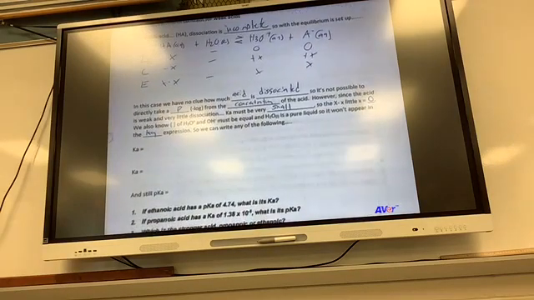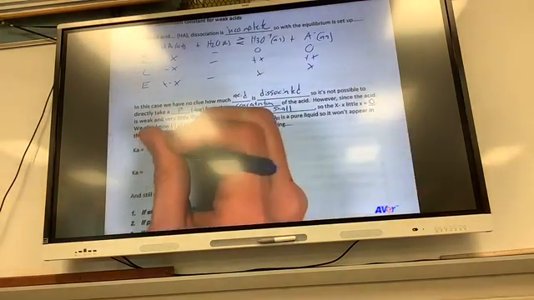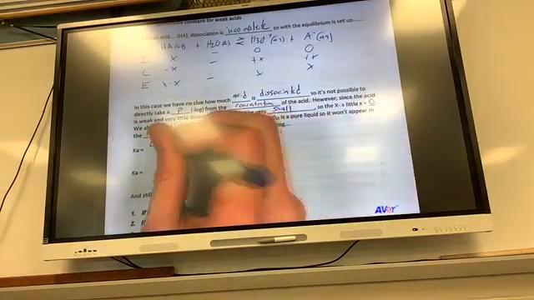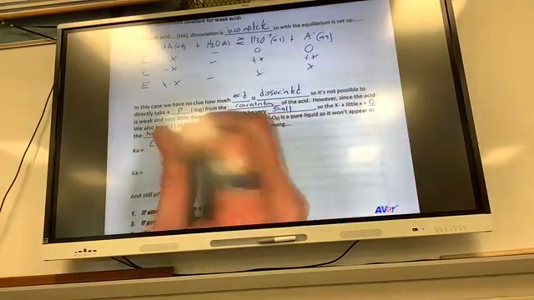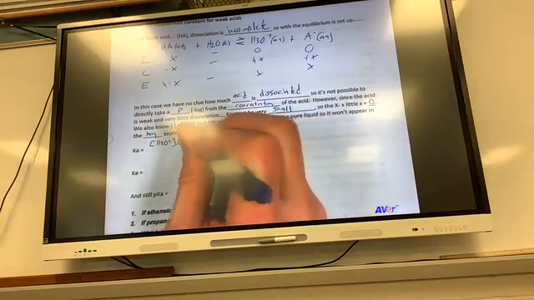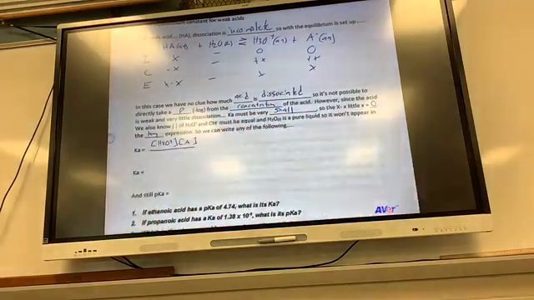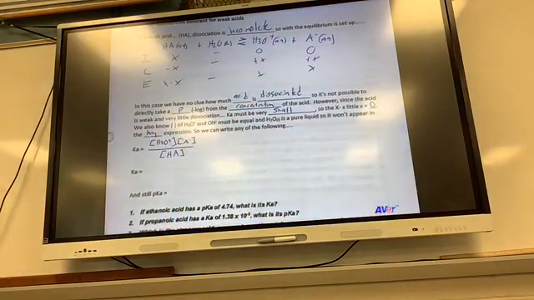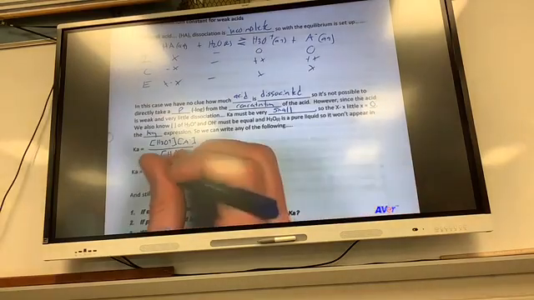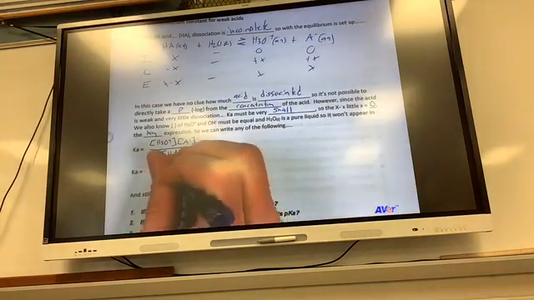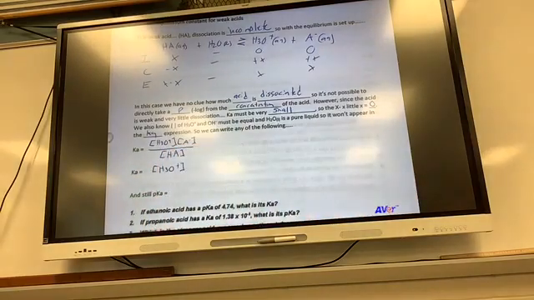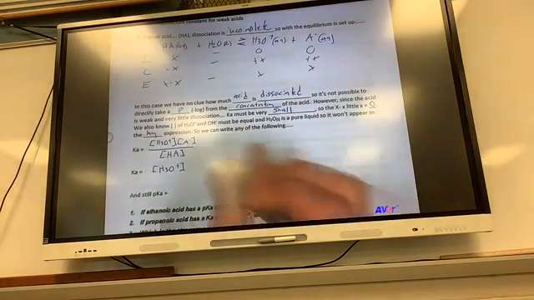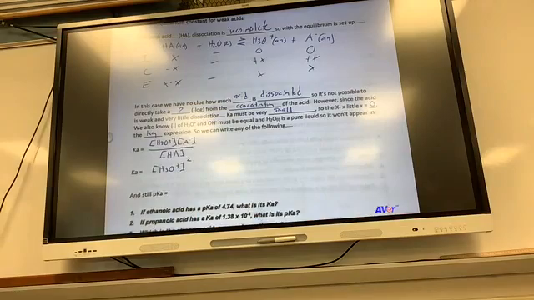If you wanted to write out the whole thing, you could write Ka equals the concentration of H3O+ times the concentration of A minus over the concentration of HA, because water's not involved. Or I could write it as the concentration of H3O+ squared, because these are the same.